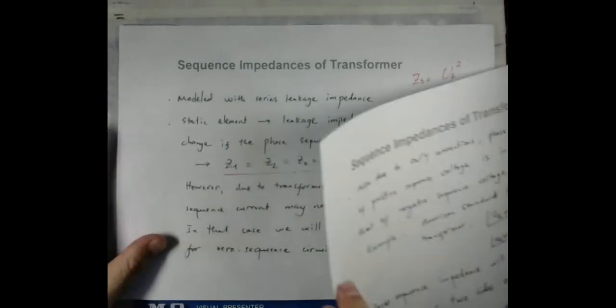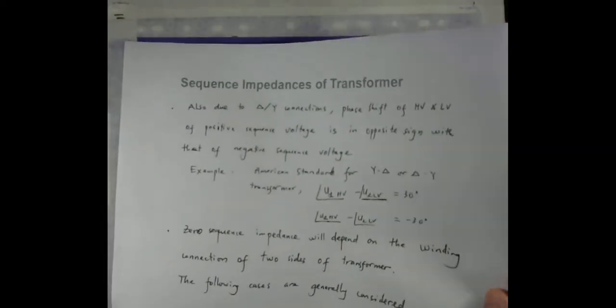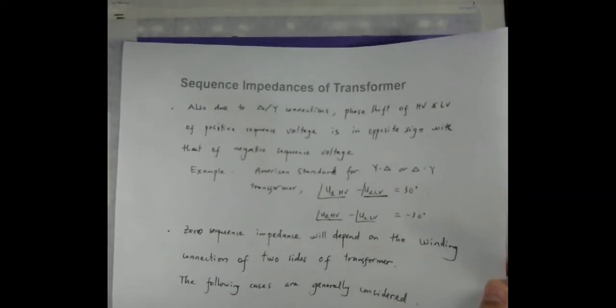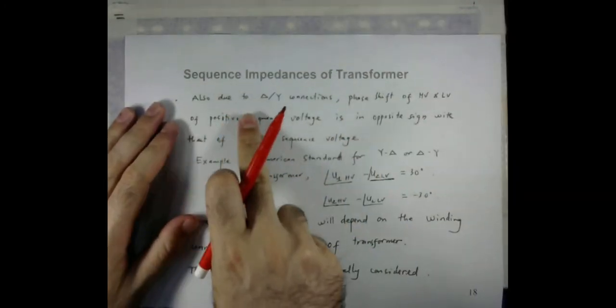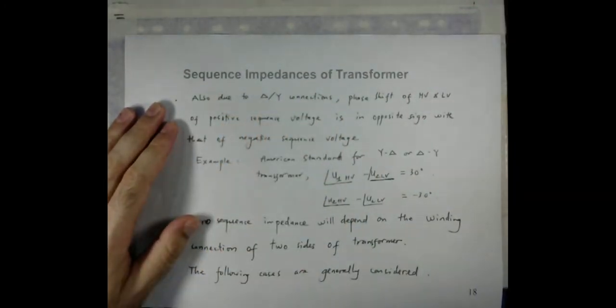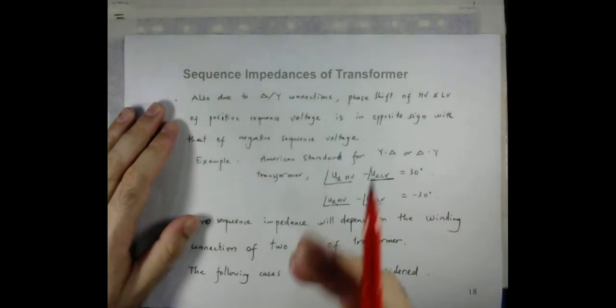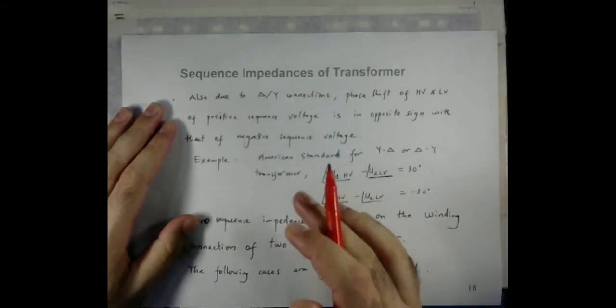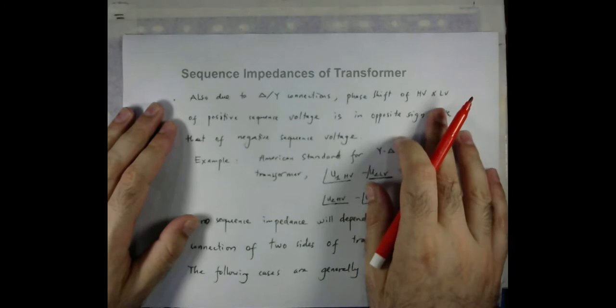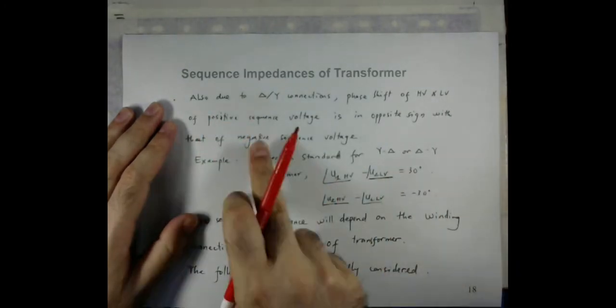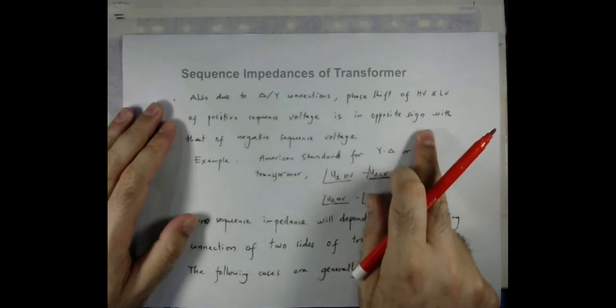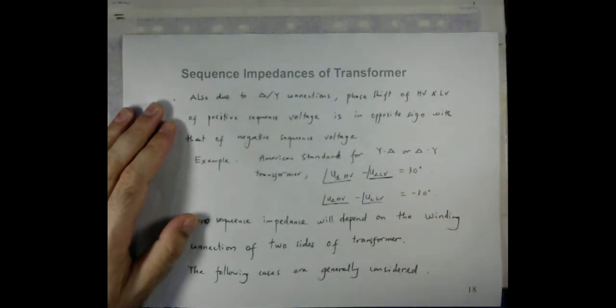Now some further discussion on the sequence impedances of transformers. Since we have delta Y connections, they also involve phase shift between the HV and LV, the high voltage and low voltage sides, of the positive sequence voltage.